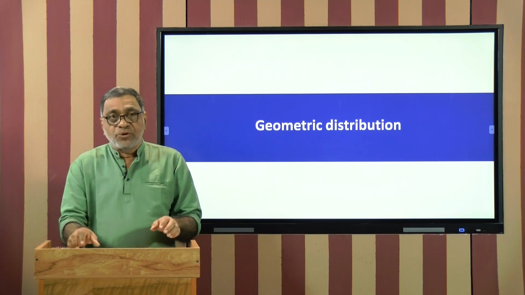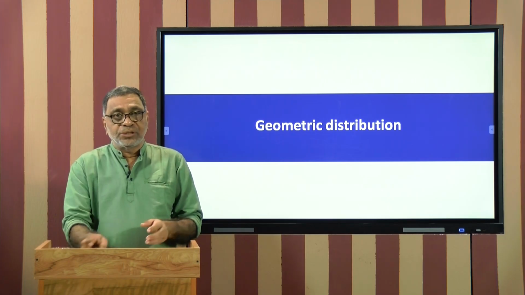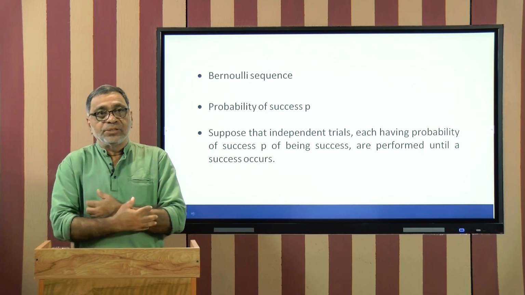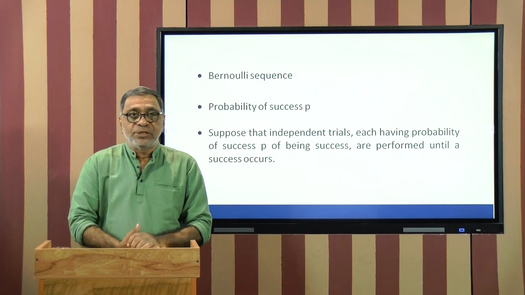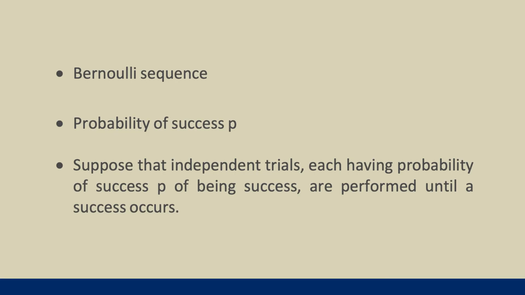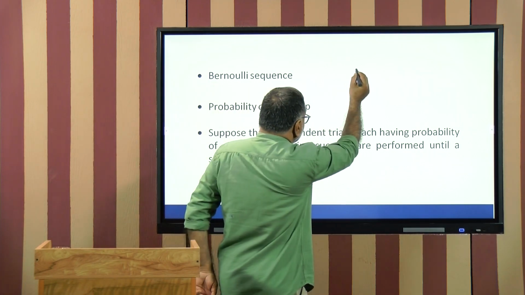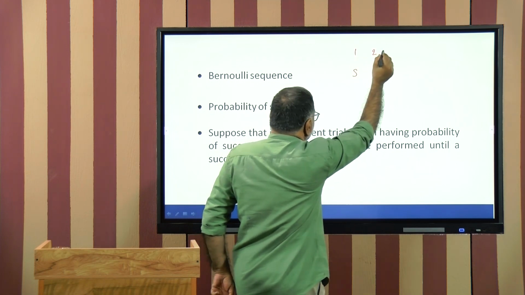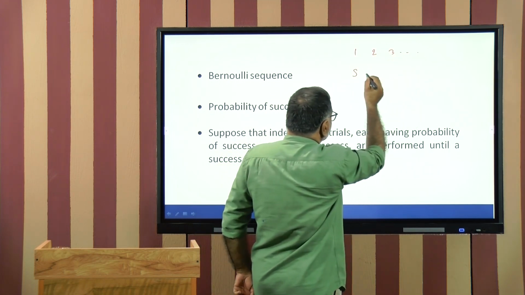And in the case of the geometric distribution, you just consider the situation of a Bernoulli sequence. So, we have a sequence of trials, say 1, 2, 3 trials of the Bernoulli sequence.